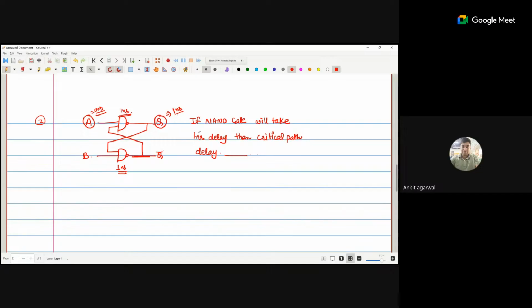But that Q will be available after 1 nanosecond when Q bar is applied at 0 nanosecond. If A and Q bar are both applied at 0 nanosecond, then we get Q at 1 nanosecond. Is it clear?